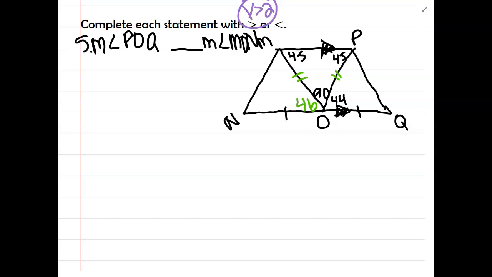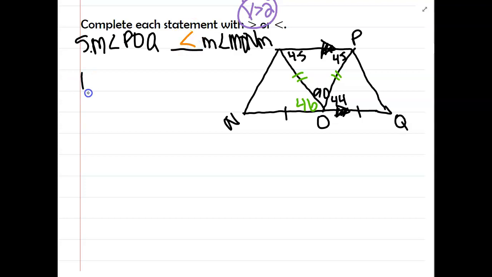The measure of angle POQ, which they said was 44, how would you compare that to the measure of angle MON? Less than, right? 44, 46, less than.